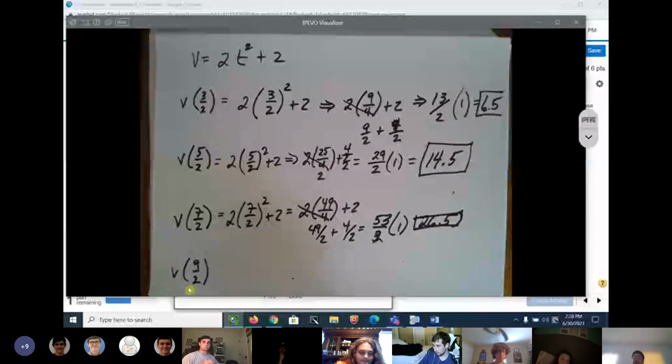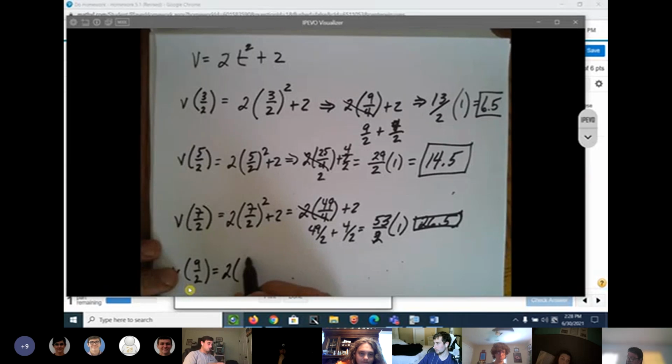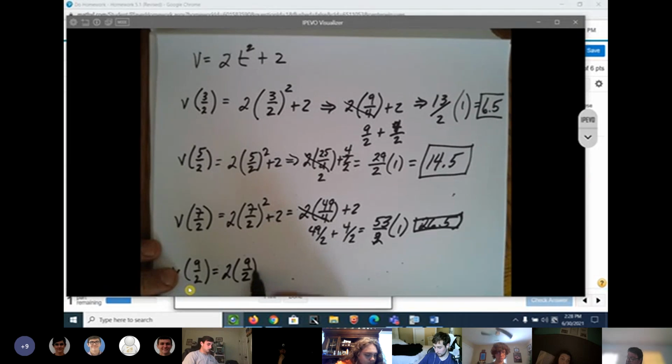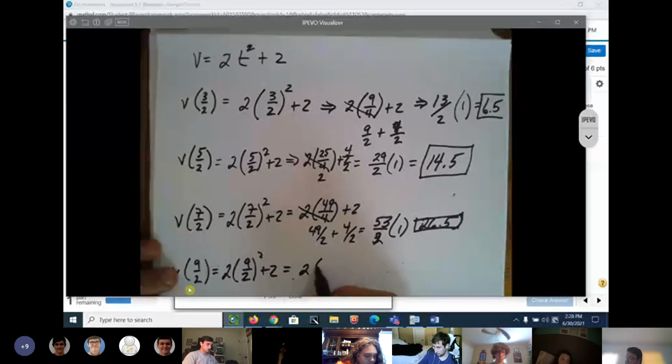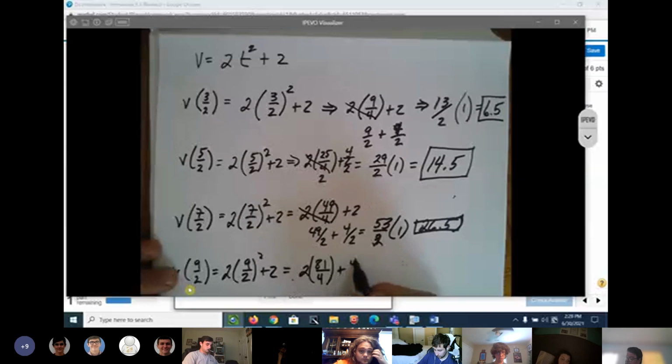And the last one is 2 times 9 halves squared plus 2, which is 2 times 81 fourths plus 4 halves, and that'll cancel, so 81 plus 4 is 85 halves.